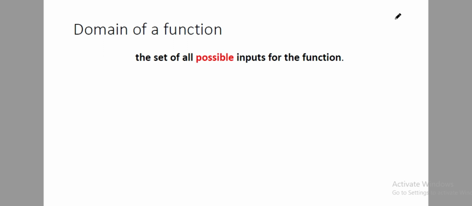Recall that the domain of the function is the set of all possible inputs for the given function. It means all the values that we can replace for our x in a given expression of a function, and it will give us an answer.